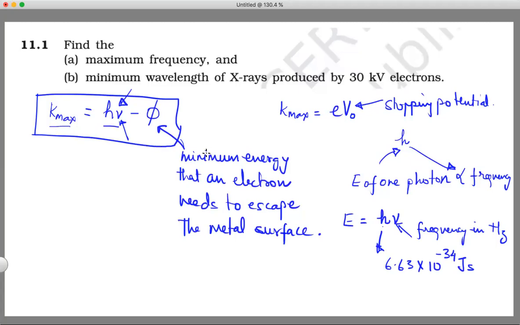Yeah, Deepika? Yeah, sir. What about the graph V naught versus nu? The V naught versus nu graph, right?